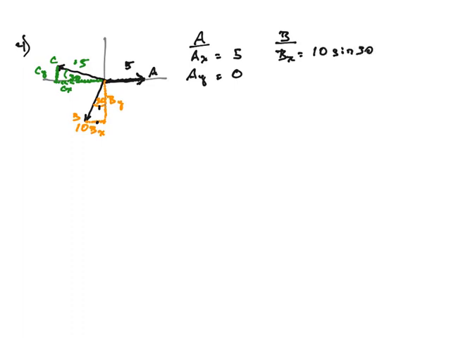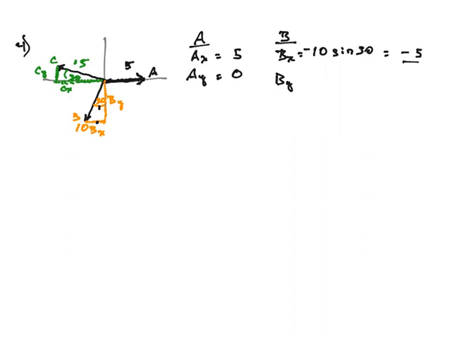And then I make sure, does vector B point negative or positive in the x direction? Well, looking at vector B, that's pointing down and to the left. So in the x direction, it points leftwards. So this should be negative. And so I get BX, plugging this in my calculator, is negative 5.